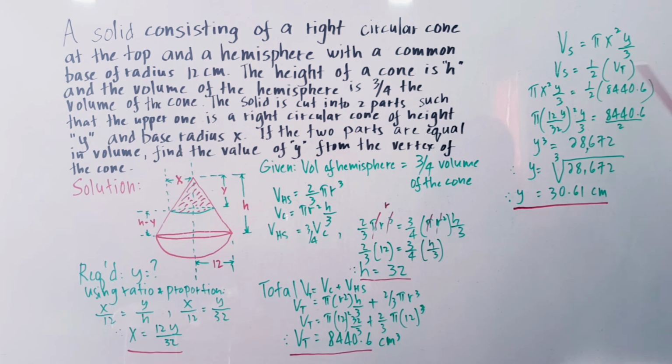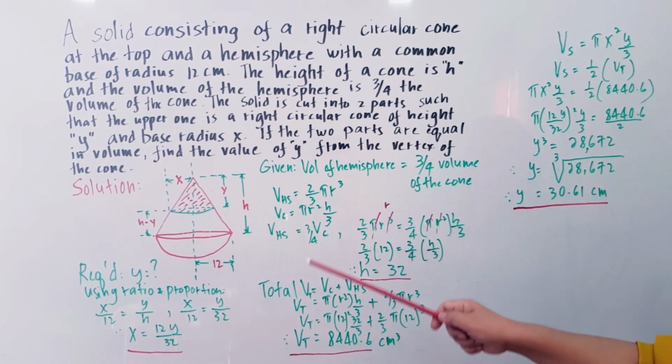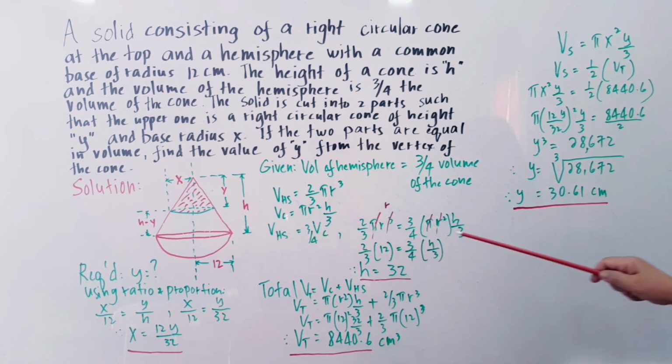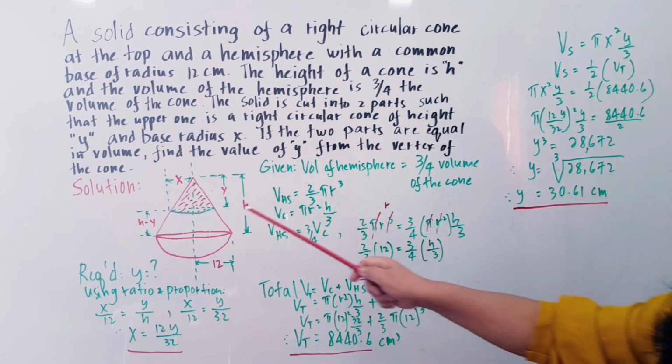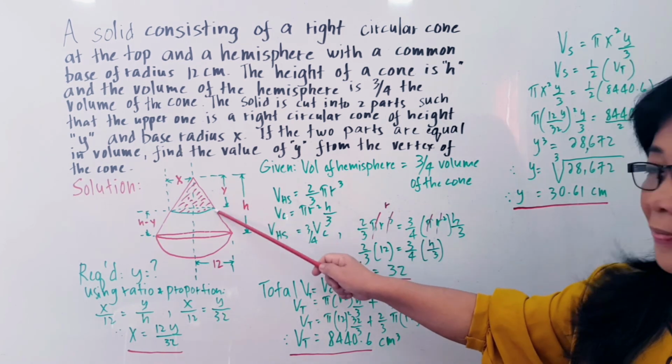Ngayon, i-substitute natin ang values ng x at saka volume total, will result to y cubed, which is equal to 28,672. Now, masolve natin ang value of y, which is equal to the cube root of 28,672. Y, therefore, which is the height of the small cone from the vertex to the part kung saan pinutol yan, is equal to 30.61 cm. So, yan ang hinahanap natin, yung y.